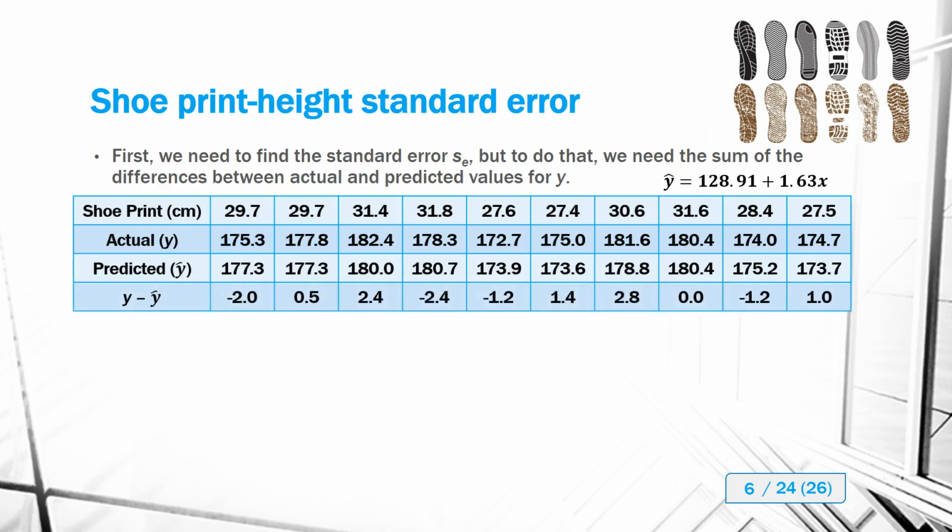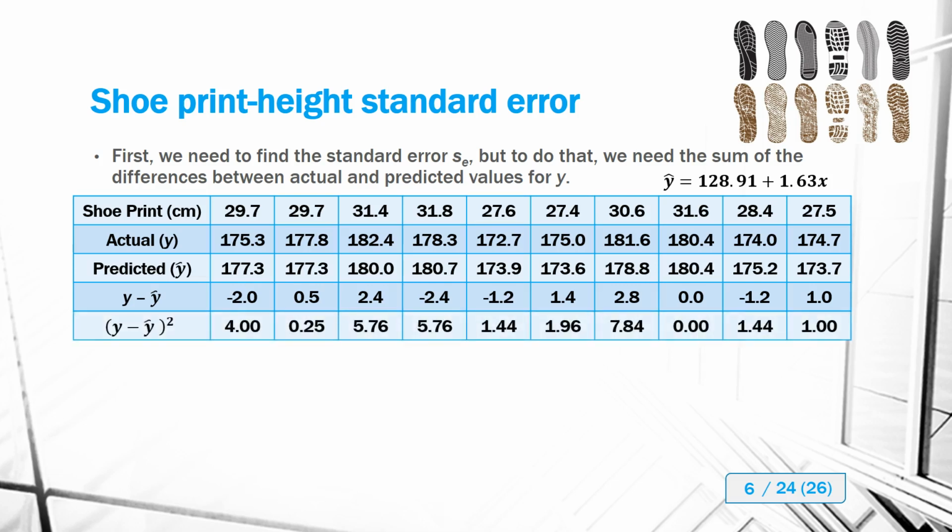I can then take the difference between the actual y values and the predicted y values for each of my sample pairs. So you see that for the first example, 175.3 minus 177.3 yields a negative 2.0. I do that for each of the pairs of y's in my data set.